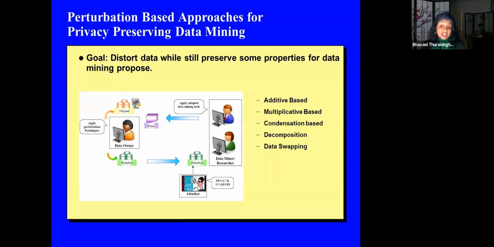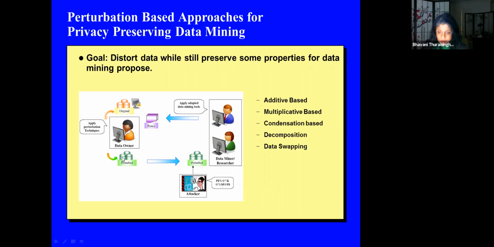Okay, so this is my student, Li Liu. Remember, she did some very interesting work on perturbation. She says distort the data while still preserving some properties for data mining purposes. So she talked about to what extent you should distort the data, right? The data owner will apply the perturbation techniques, and then you apply adapted data mining models.